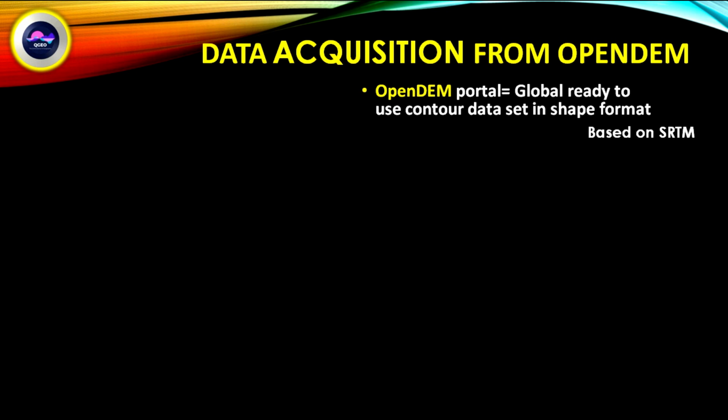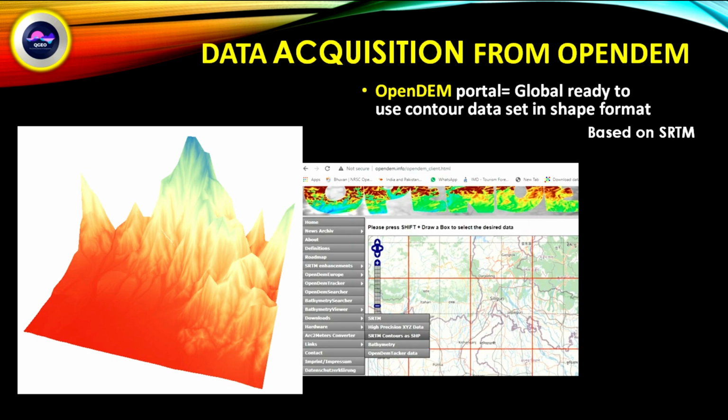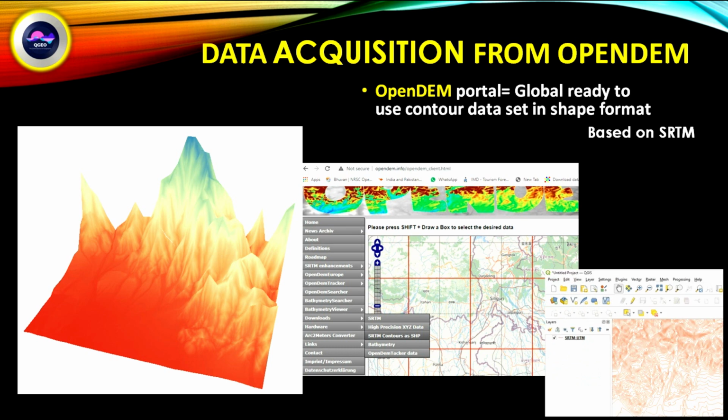Based on SRTM, you can easily download this contour data in shapefile format, and after using the QGIS platform, you can easily convert this contour to DEM, and then you will be able to prepare digital elevation data in this type.